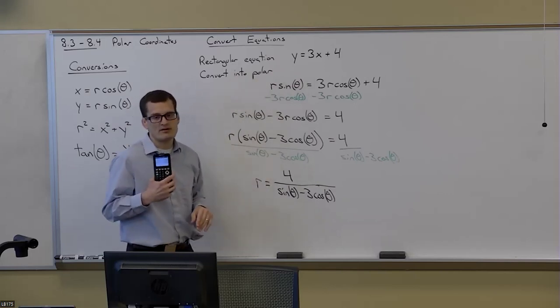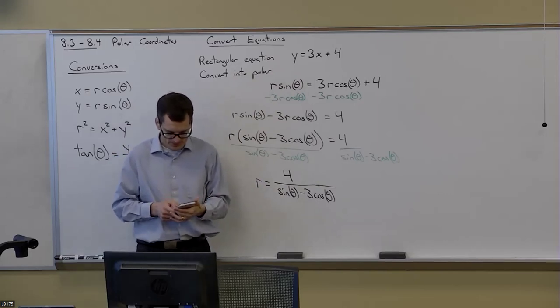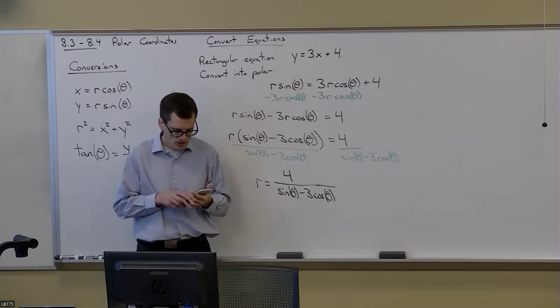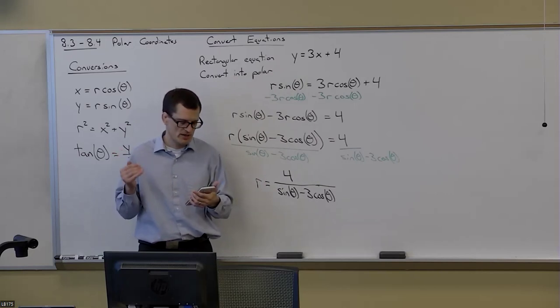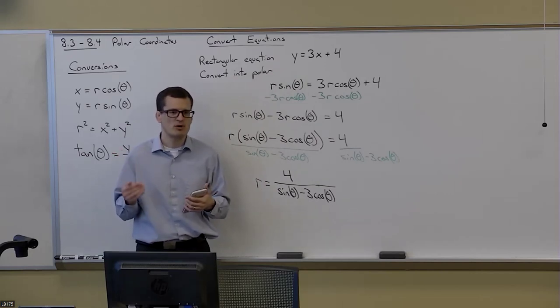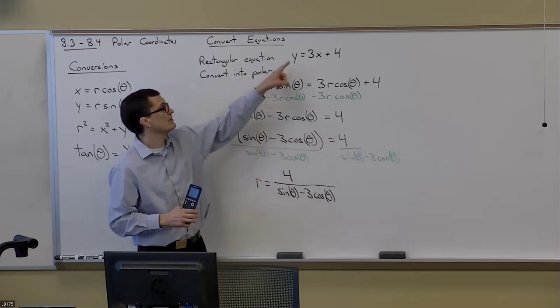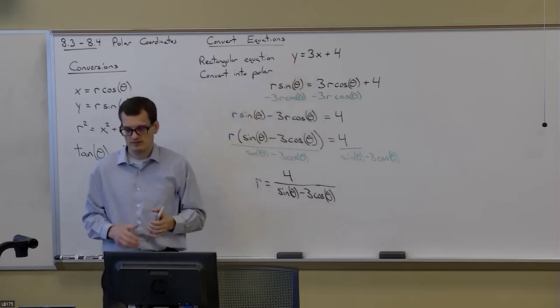If you grab your calculator and go into your mode, you're going to see a line that allows you to switch between function, parametric, and polar. Function is referring to the normal rectangular equations.